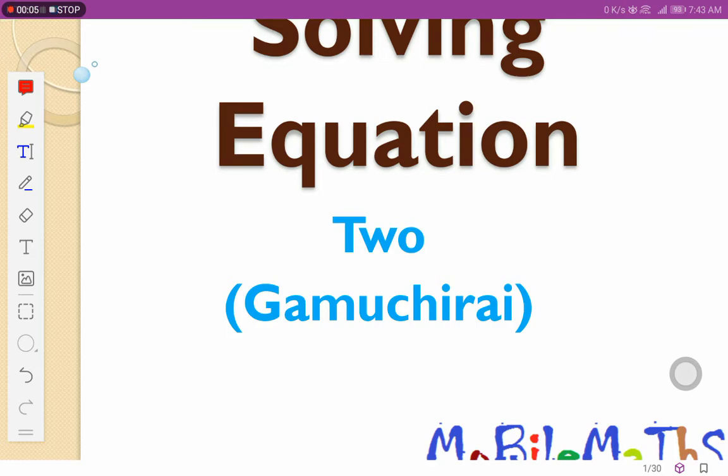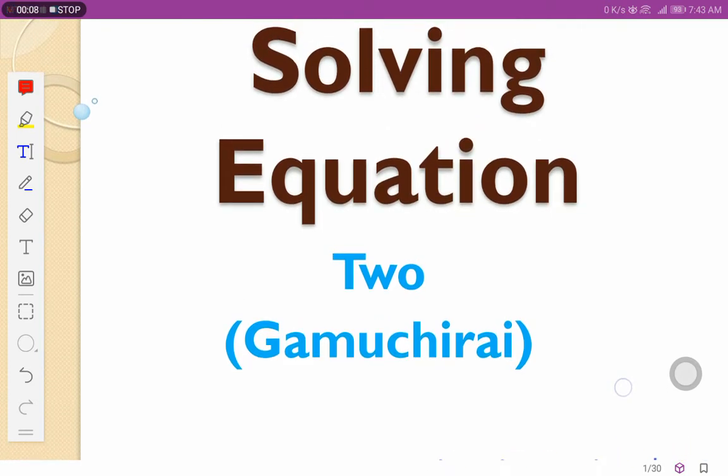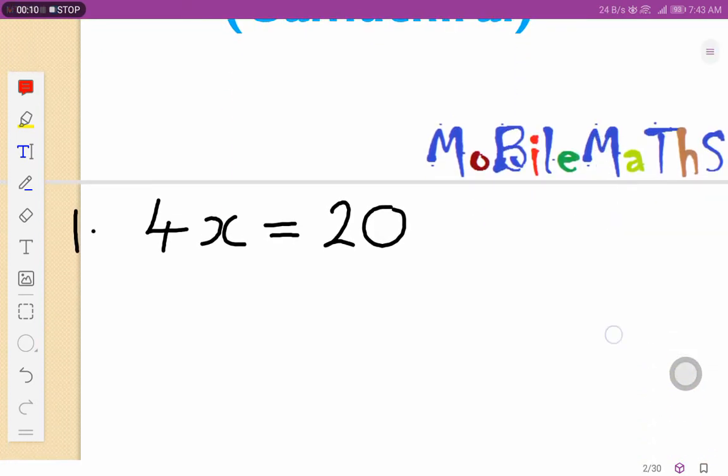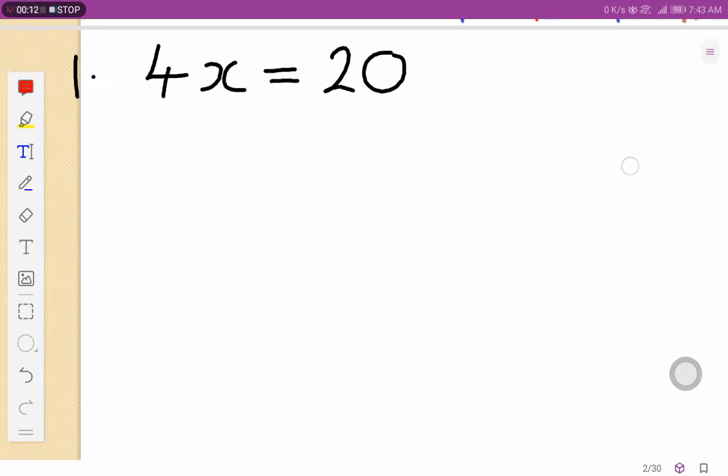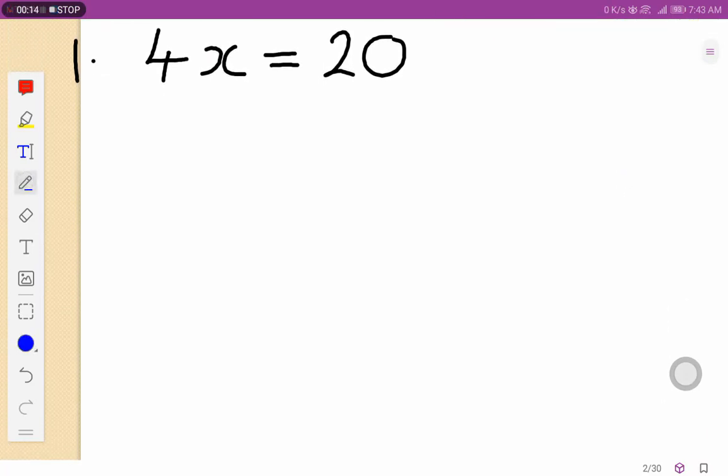Today I want us to look at solving equations number 2. When we have a problem like this, to get the value of x, we can divide both sides by 4.